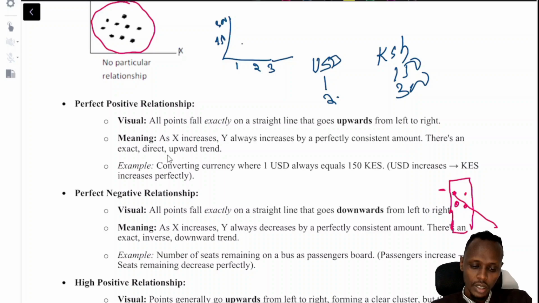So what will happen? It will move that way in a straight line. So this is an example of a perfect positive relationship.